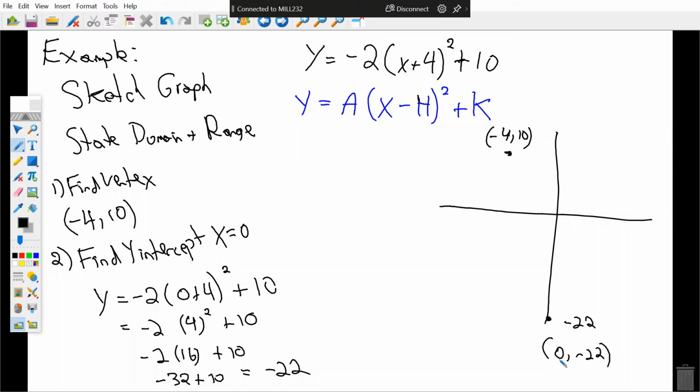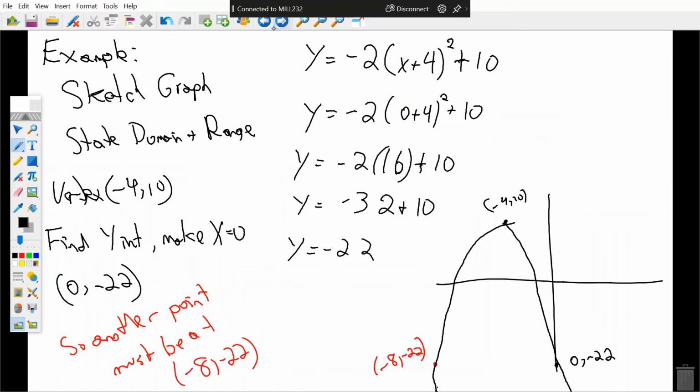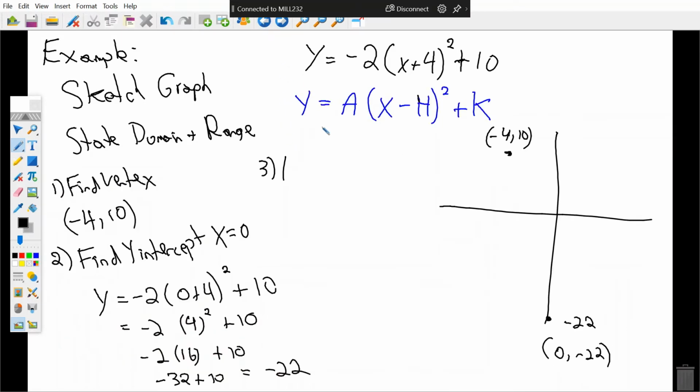The final step is to find another value equal distance from the axis.